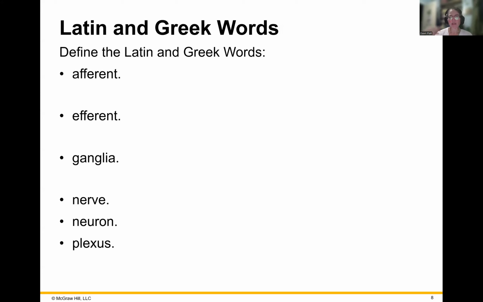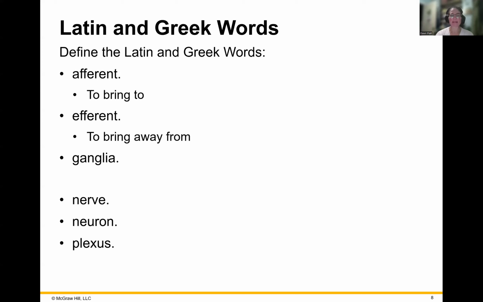Some other terms that you're going to see in here are afferent, and then we have efferent. So afferent with an A, efferent with an E: afferent means to bring to, and efferent means to bring away. And that just has to do with the message along the nerve pathways, which way it goes, whether it goes out or in.